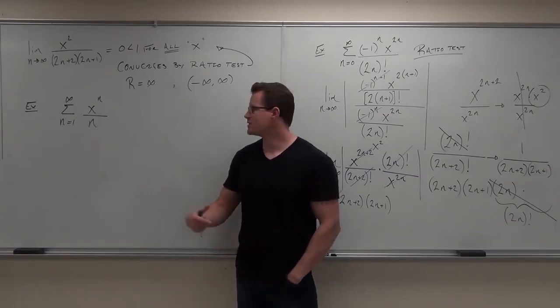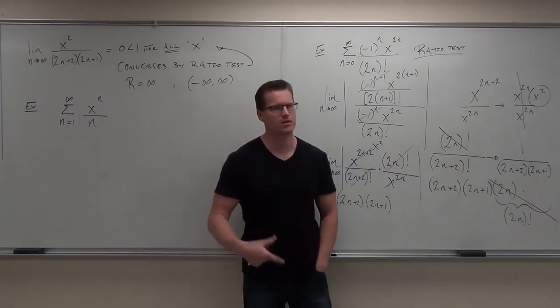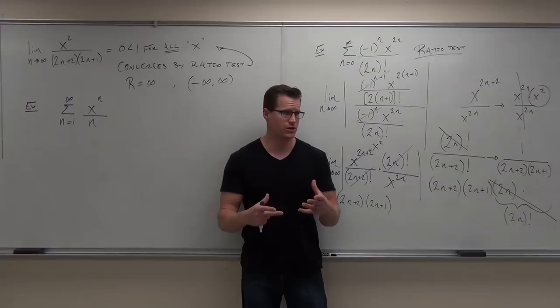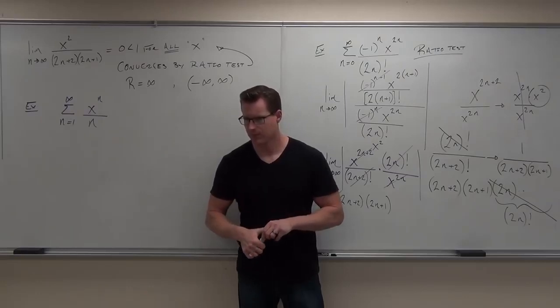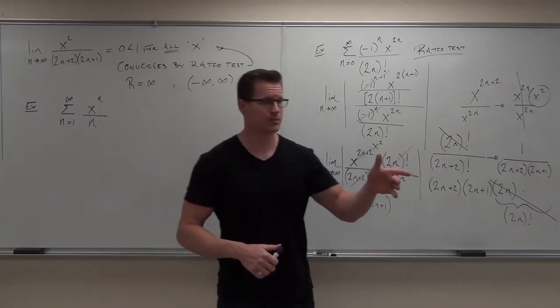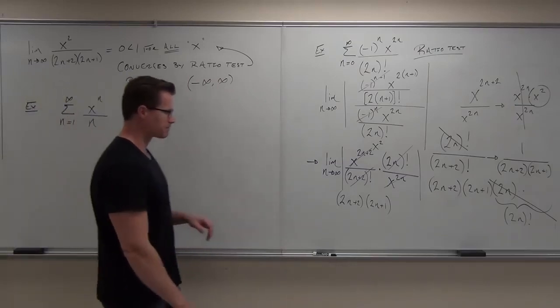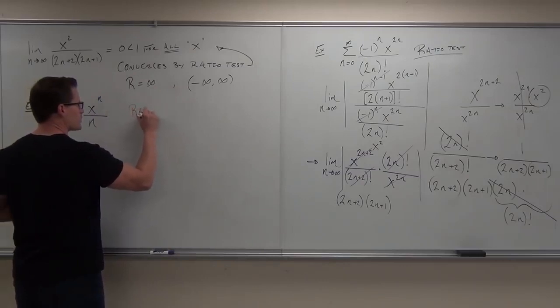So we can't really do the divergence test here. You'd use the ratio test to tell you where it's going to be convergent and where it's going to be divergent. After we do that, I'll show you when you can use something like a divergence test. So we're going to use the ratio test, and I'm hoping you're already working on it.